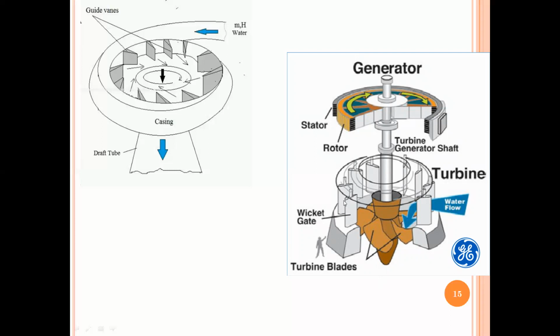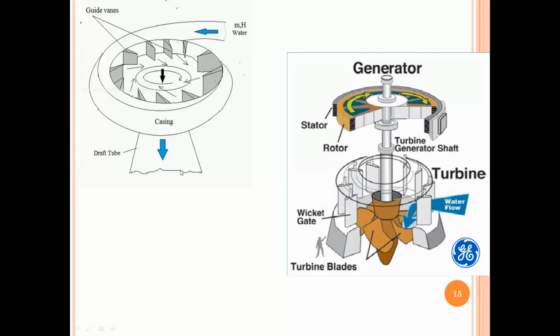Remember here also, the guide vanes are adjustable. They can be closed and opened according to the velocity, according to the flow coming towards your turbine. And finally, from your Kaplan turbine, it goes through your draft tube. Your draft tube is nothing but an increasing area tube, a pipe, which connects your runner to your tail race.